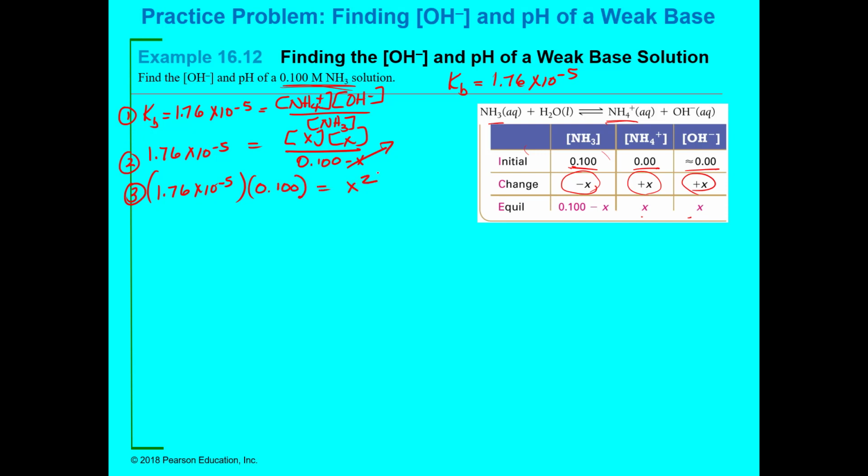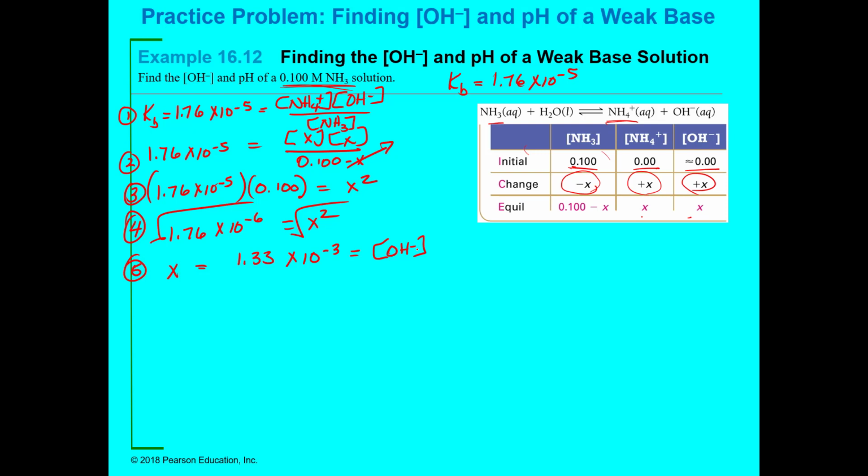See how familiar this is? All right, so that's 1.76 times 10 to the minus 6 is equal to X squared. We're going to take the square root of both those. So X is going to be equal to 1.33 times 10 to the minus 3, which is our hydroxide concentration, because remember, hydroxide is telling us how basic it is.